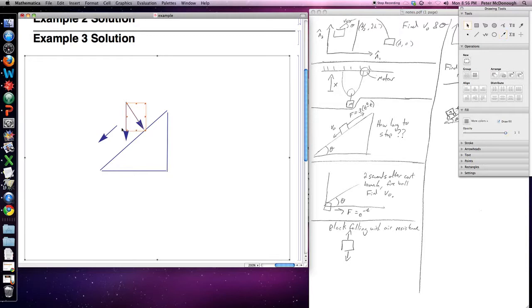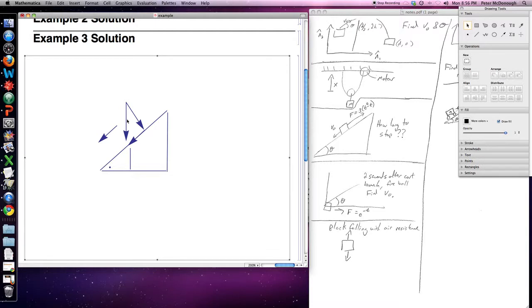I'll get a component perpendicular to the surface, which is smaller than this hypotenuse, and then my gravitational component will be along this surface right here. I know that this angle right here is equal to theta, which makes the other angle 90 minus theta, and then theta right here.